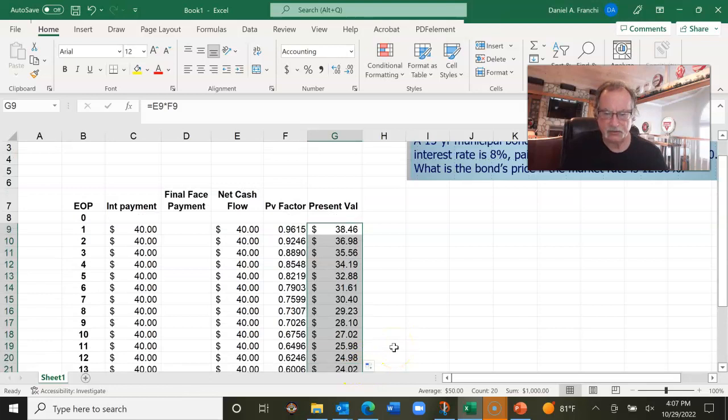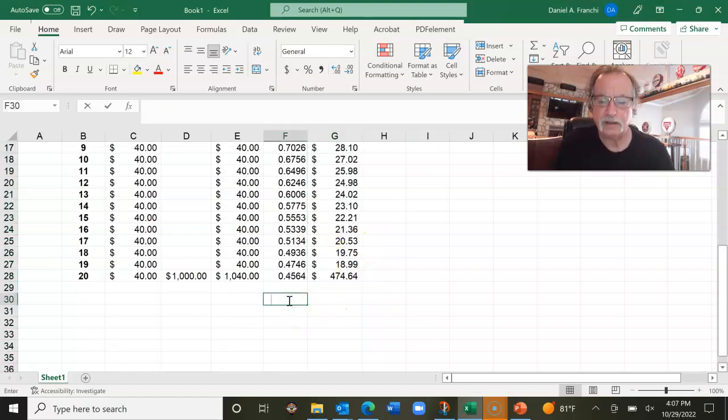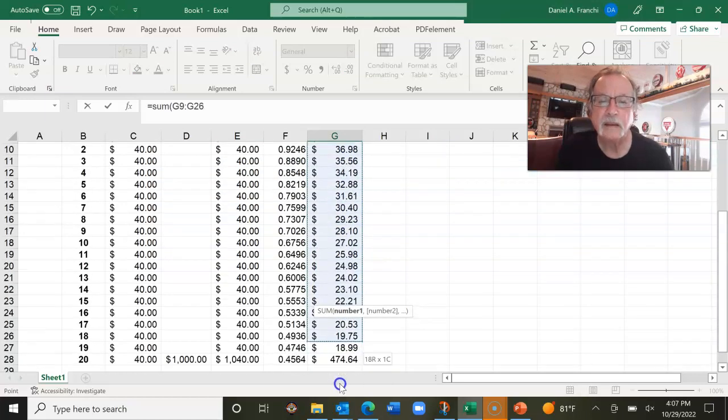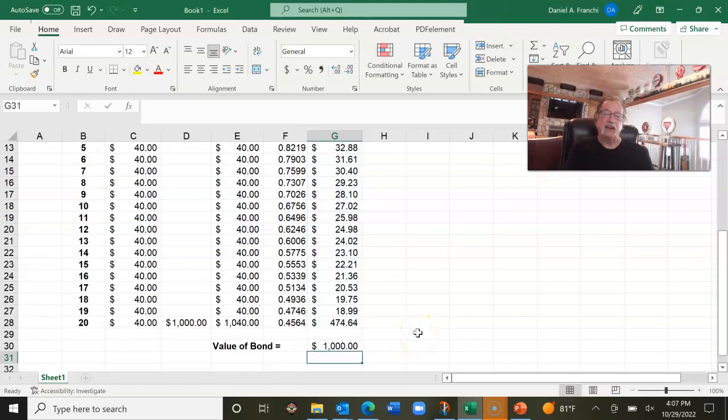If interest rates stayed at 8% nominal, 4% every 6 months, the value of the bond is just the sum of these payments. And guess what? It's $1,000. And it has to be. If interest rates don't change, the value of the bond stays the same.